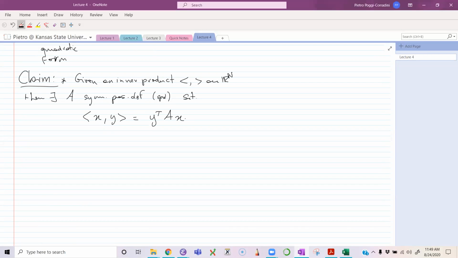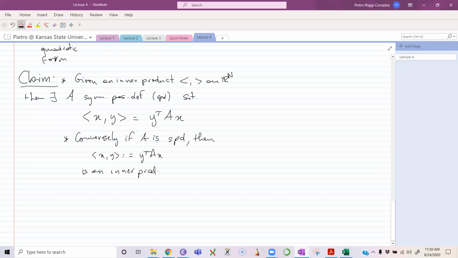Okay. And conversely, if A is symmetric positive definite, well then if you define the inner product as y transpose A x, then this is an inner product. So it goes both ways.